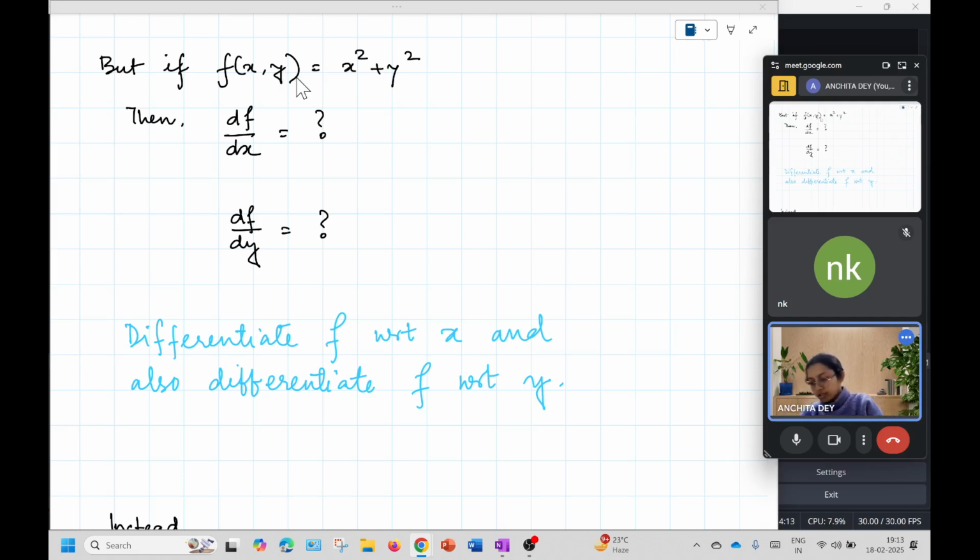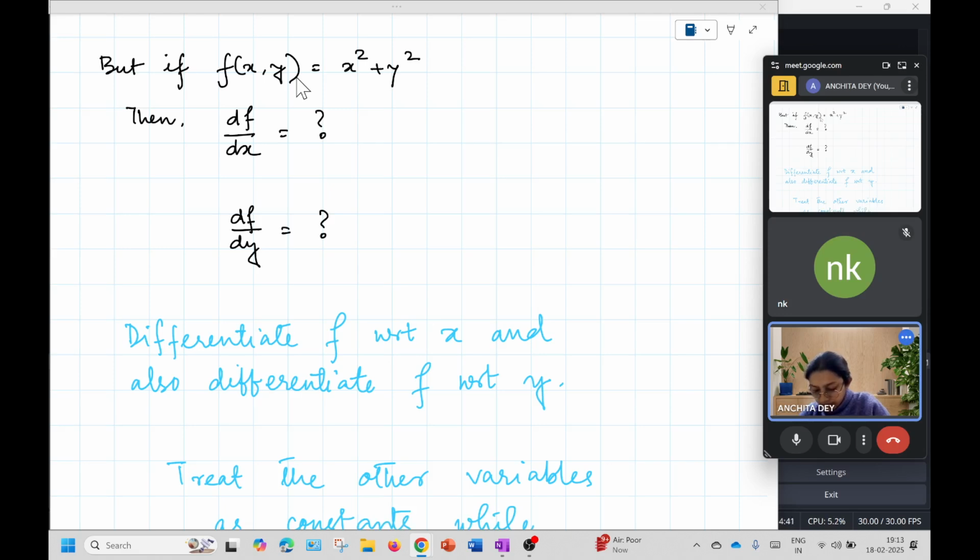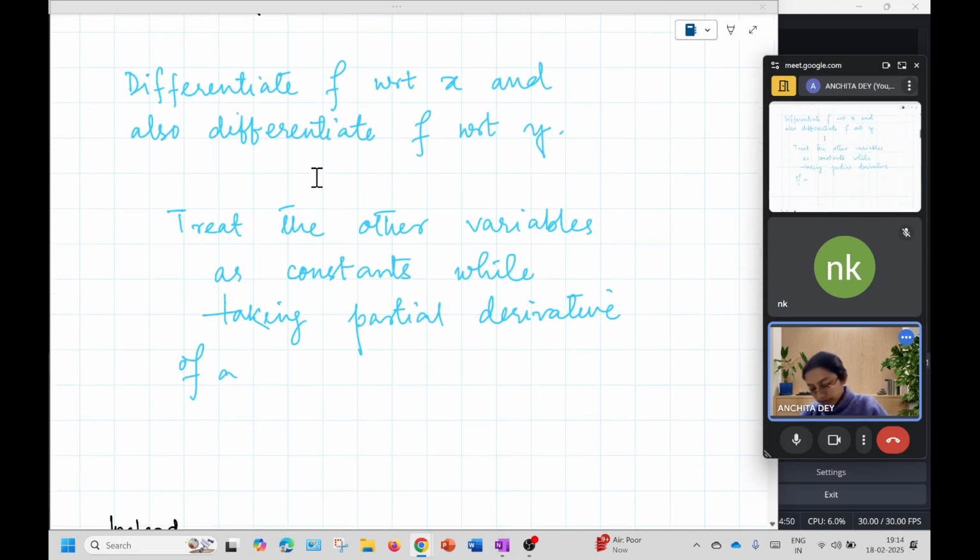That means we treat the other variables as constants while taking the partial derivative of a function with respect to one variable.